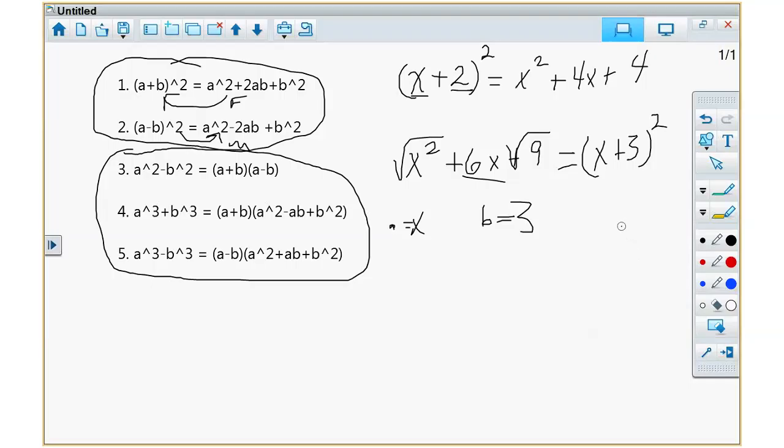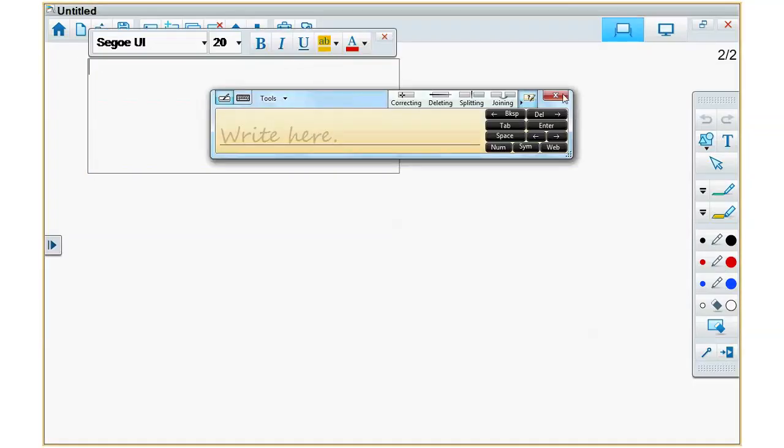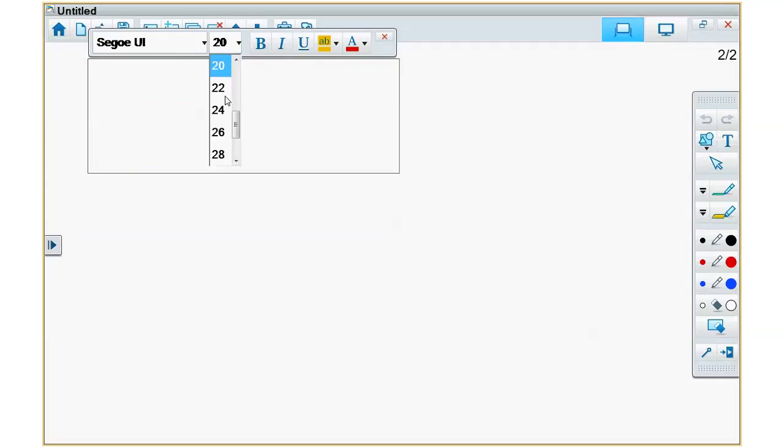All right, something else that we need to discuss. Somebody asked me via email, rationalizing. Some of you are a little bit rusty on that. So let's go back to rationalizing. Rationalizing is using the conjugate. I don't know how to spell it, but I'll do the best I can. I'm just going to say rationalizing because sometimes they want you to do the numerator or the denominator.